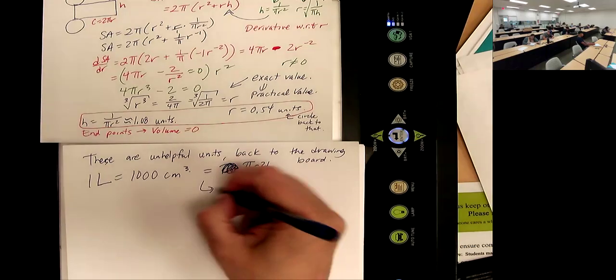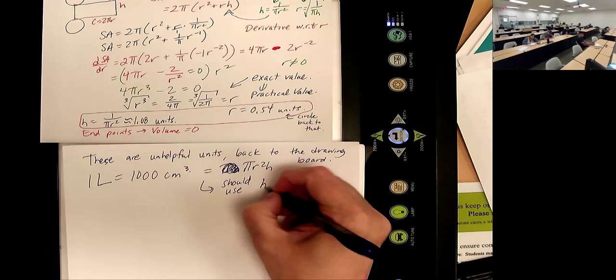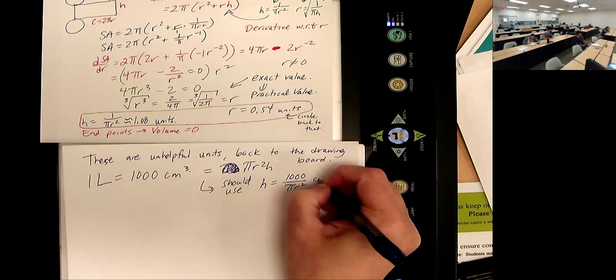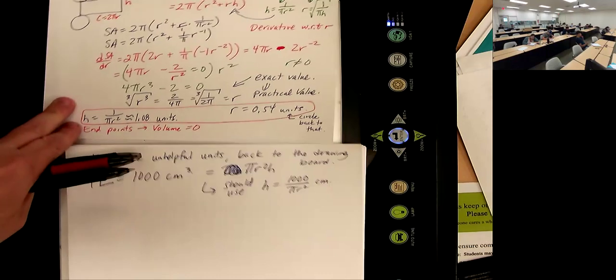So we should use h equals 1,000 over pi r squared, and that would be in terms of centimeters. Now notice that's gonna change the values of this a lot.